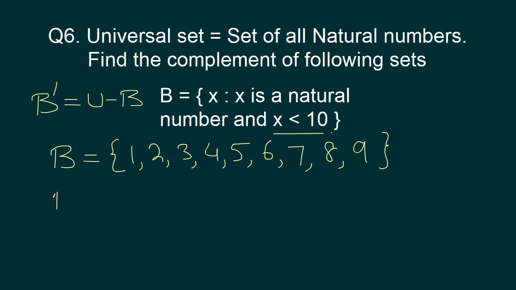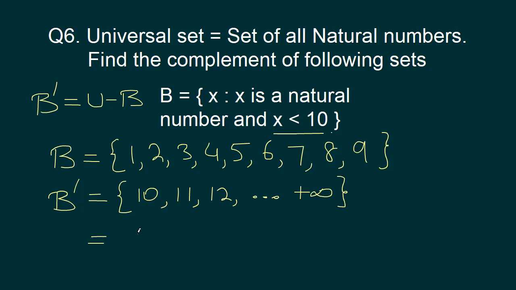So when we want to find out B complement, that means all of these numbers cannot be here. So we have to start from 10, and then B complement will be 10, 11, 12, dot, dot, dot, till plus infinity. Or again, set builder form comes in handy.